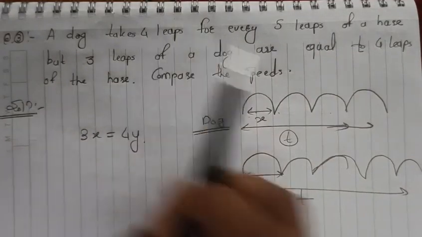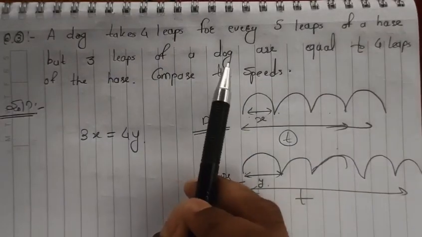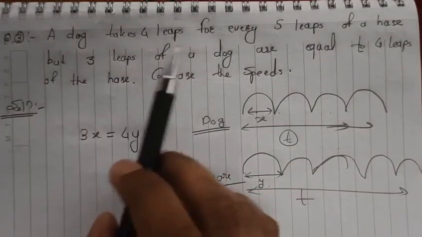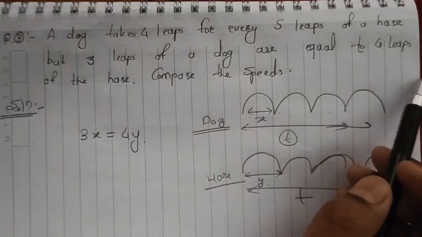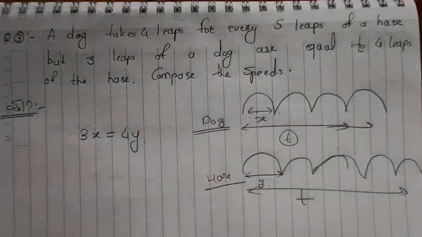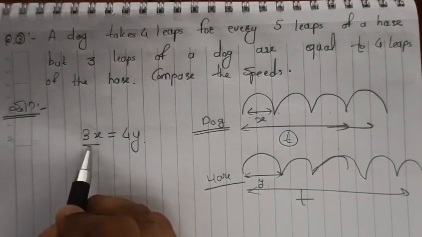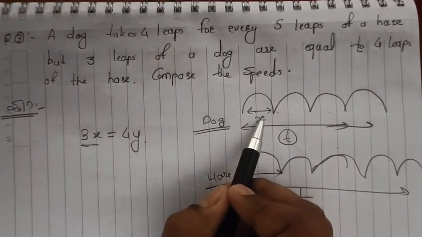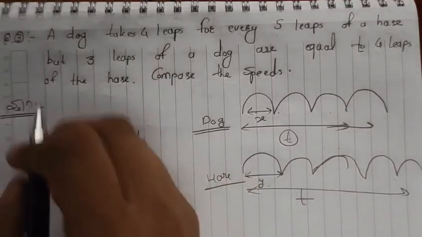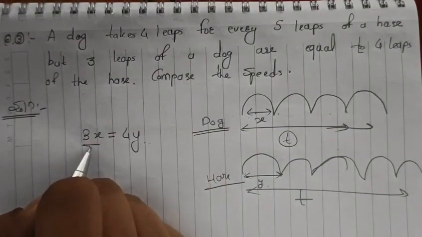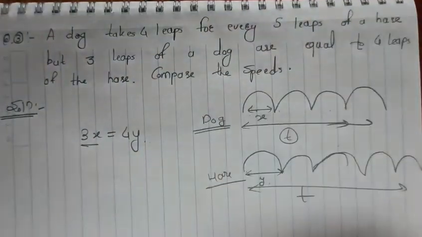In the first scenario our time was constant, in the second scenario our distance is constant, right? Because 3 leaps of dog are equal to 4 leaps of hare. So distance covered by the 3 leaps of dog is 3 times x, that is 3x, equal to 4y. So here our distance is constant, and in the first scenario our time was constant.